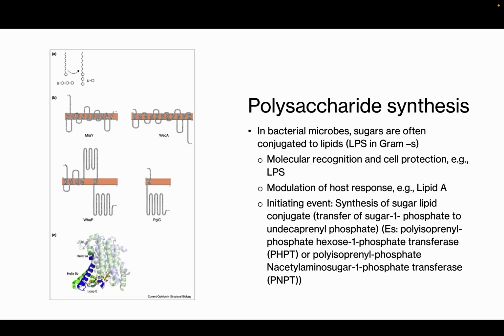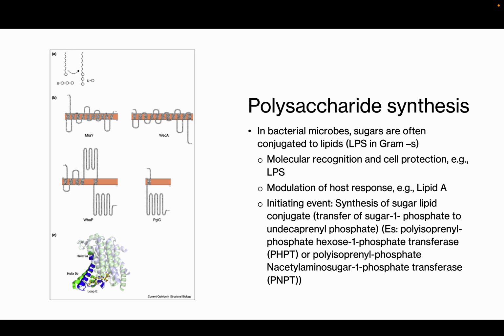So in bacteria, the polysaccharides are not existing as simple molecules. They are complex ones conjugated with lipids, usually in gram negatives. So everything outside the cell, at the level of the membrane.